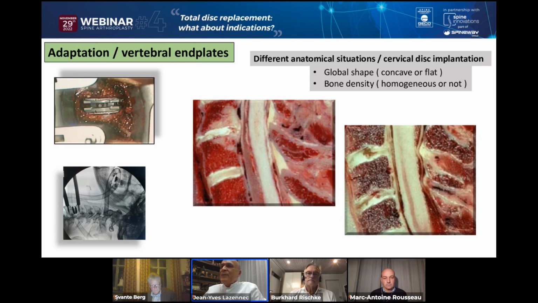And we have very different situations regarding the bone density, the cysts in the end plate before surgery. I shall speak about this. And you see the density, as in the middle case, with a lot of density in some patients. How to deal with this surface, because we need to have bone ingrowth in our implant.